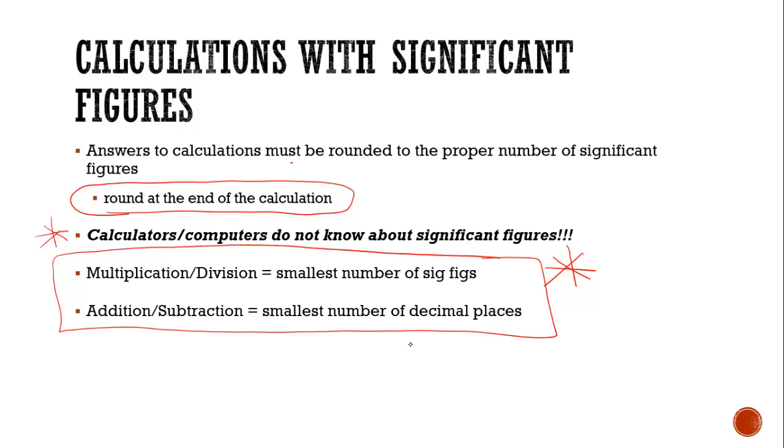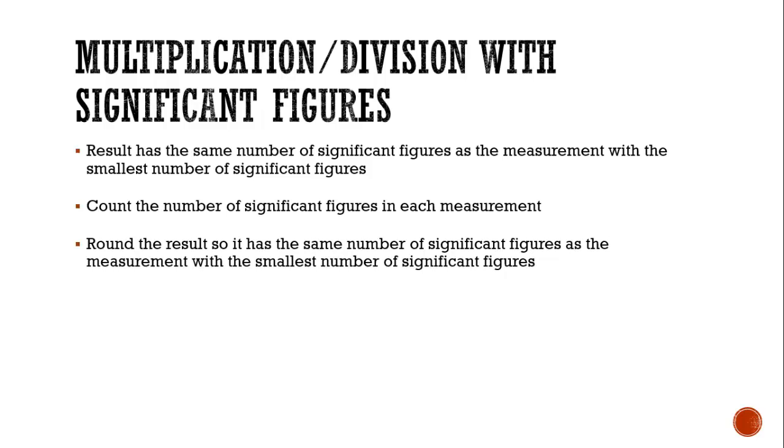Okay, so let's start with multiplication and division of significant figures. You're going to do the math, and the result has the same number as the smallest number of significant figures.